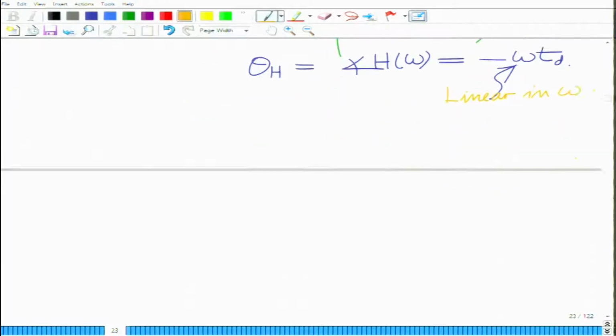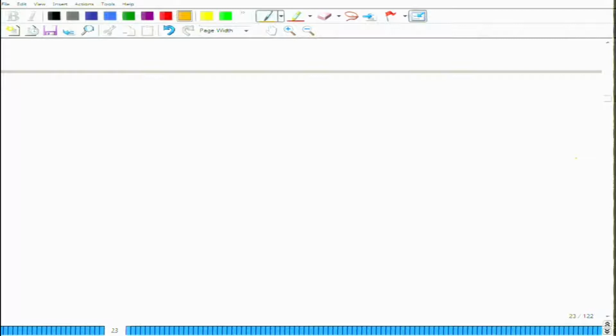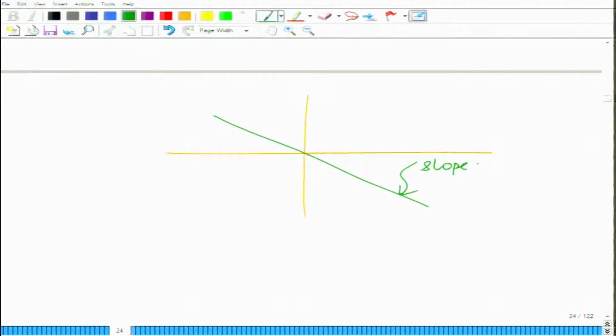If you look at this, its characteristic will be this, with slope equals minus t_d.